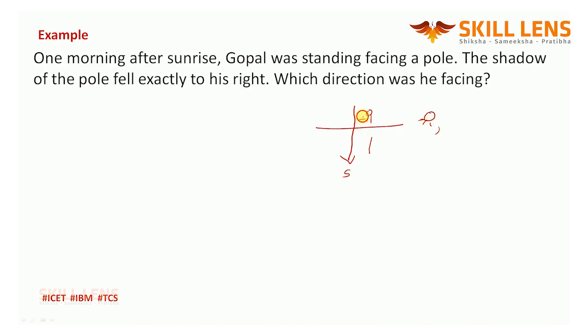So this will become his right and this will become his left. Now the pole's shadow will be on his right, which means Gopi is facing the south direction.